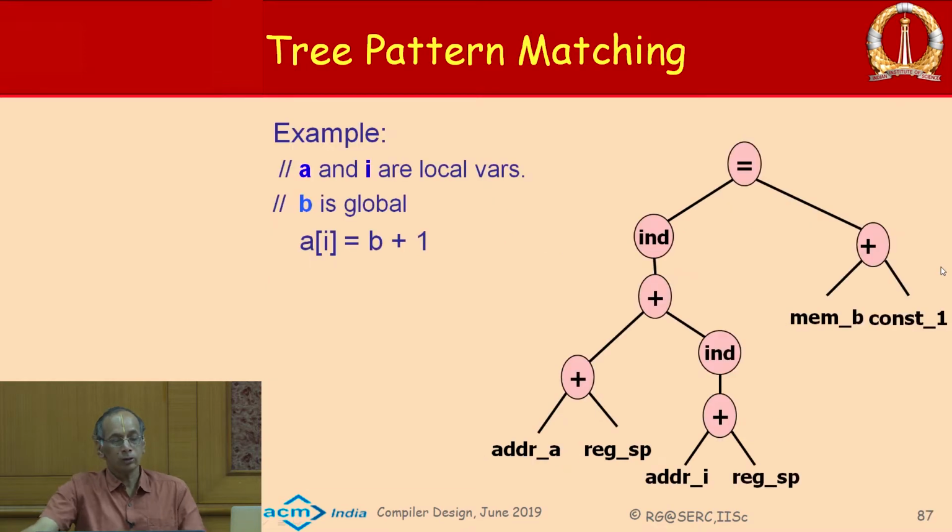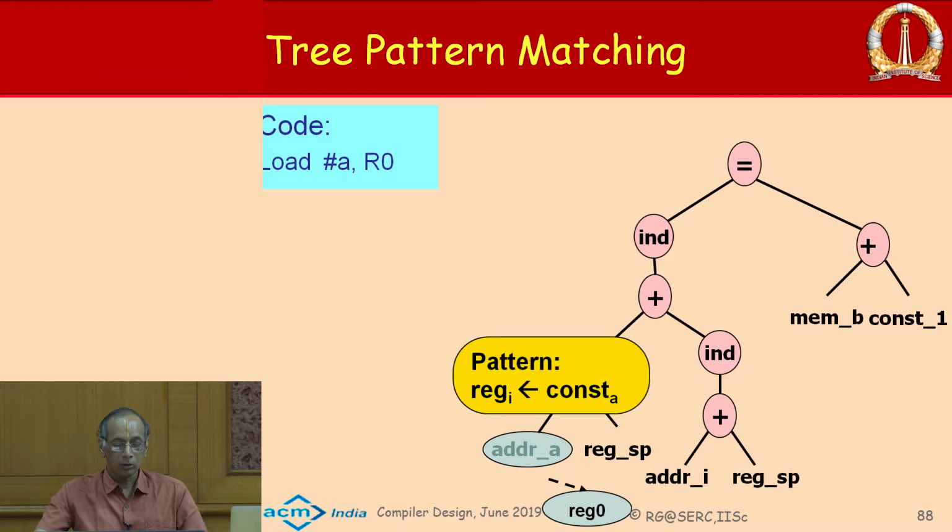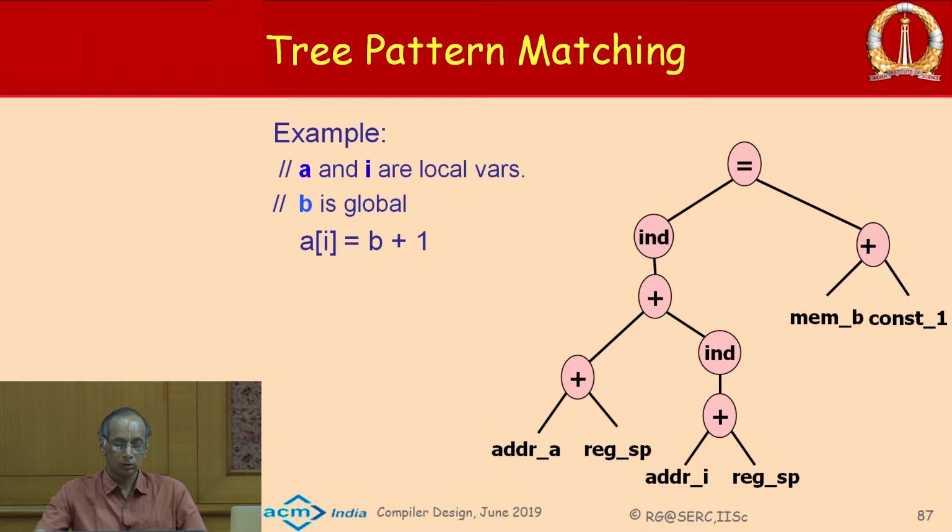Now, let us look at how these patterns are going to be used for us to evaluate this expression. Let us first start off with this address A. Remember that this is an offset value which has to be added to the stack pointer.